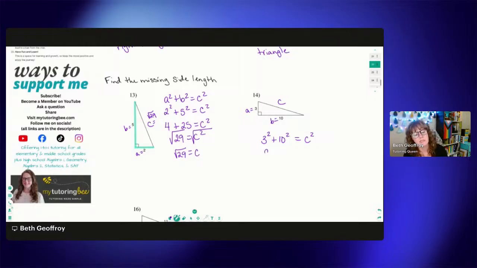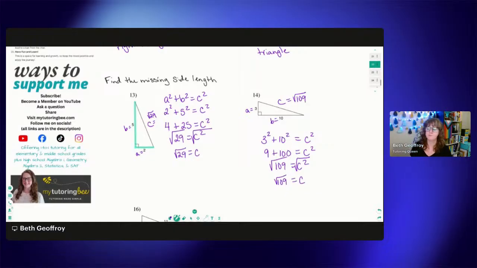So 3 squared is 9 plus 10 squared is 100 equals C squared. And then we're going to add these together, 109 equals C squared. And then again, we do want to take the square root of both sides to find just C by itself. 109 is also not going to be a perfect square. So the side length of this hypotenuse is the square root of 109.